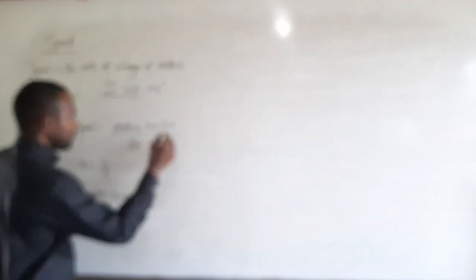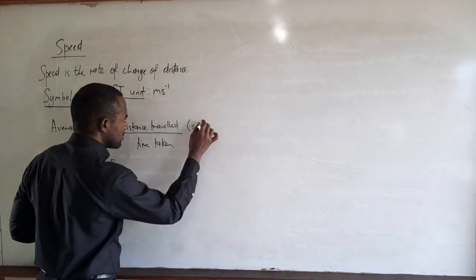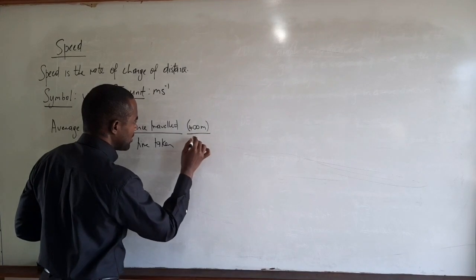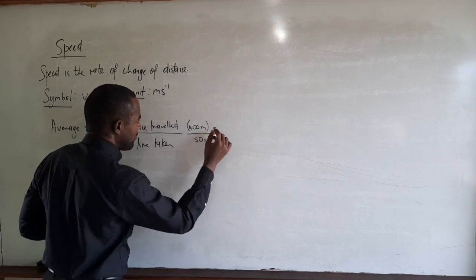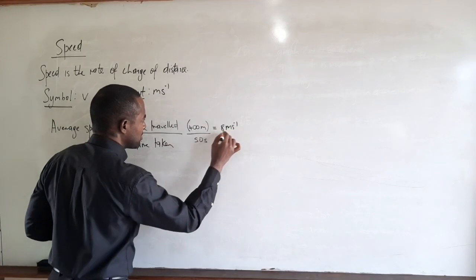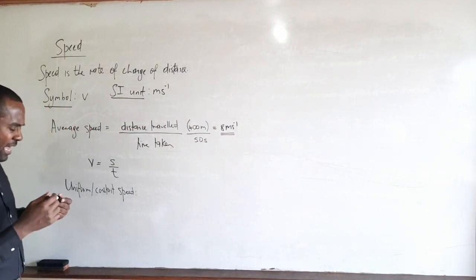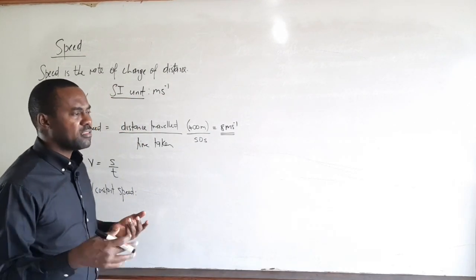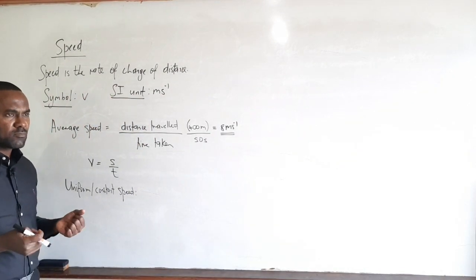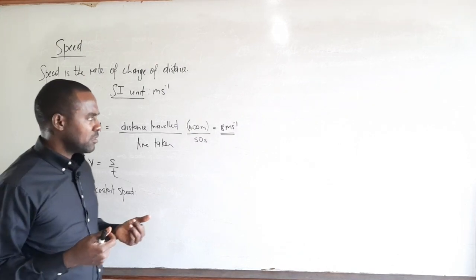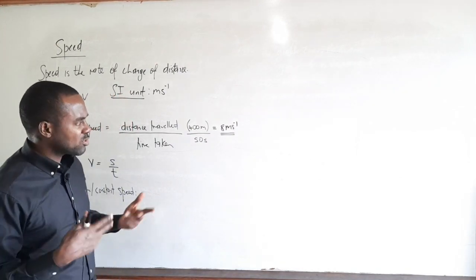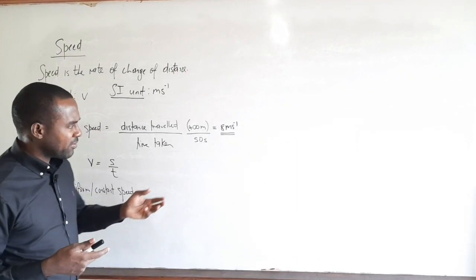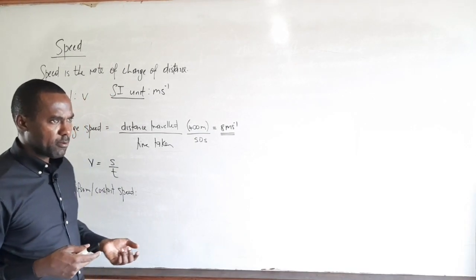The distance traveled was 400 meters, and the time taken was 50 seconds, and that gave us an average speed of 8 meters per second, right? Now, the average speed being 8 meters per second, does this mean that the athlete was moving at this speed throughout the entire race? No. At some points in the race, the athlete was going faster, and at some other points slower. So 8 meters per second is its average speed for the entire journey, right?